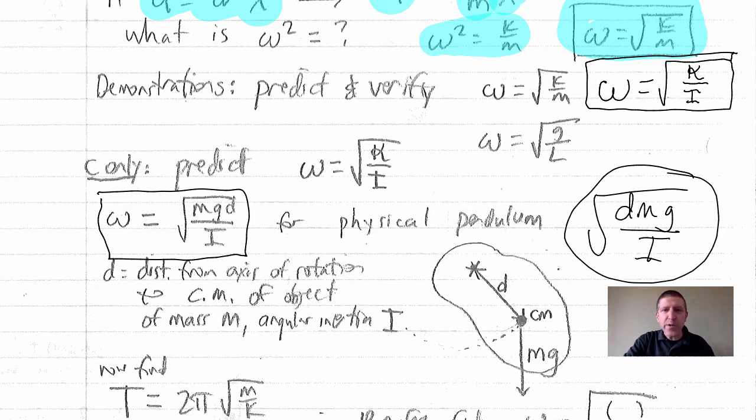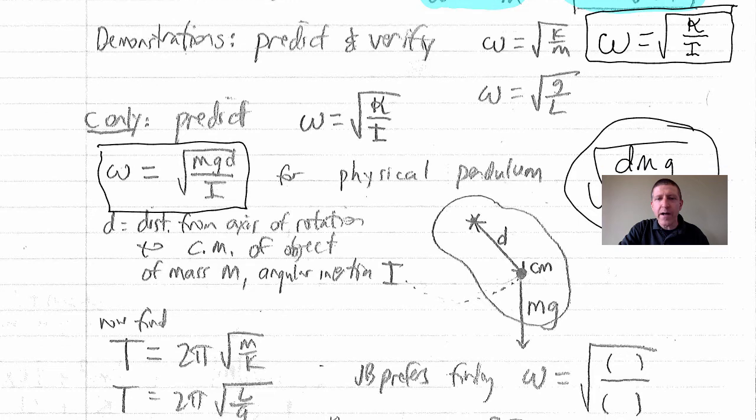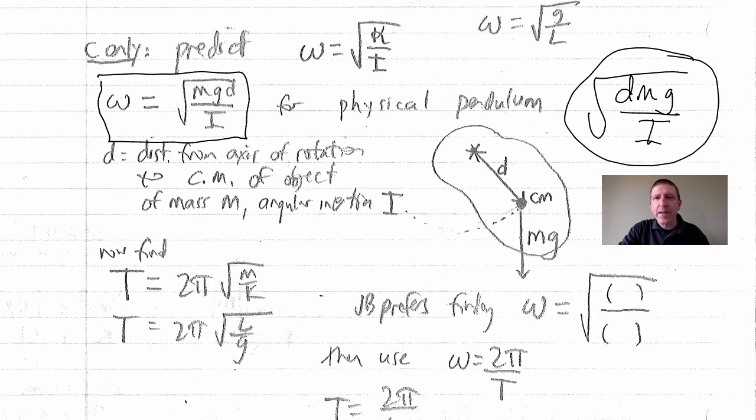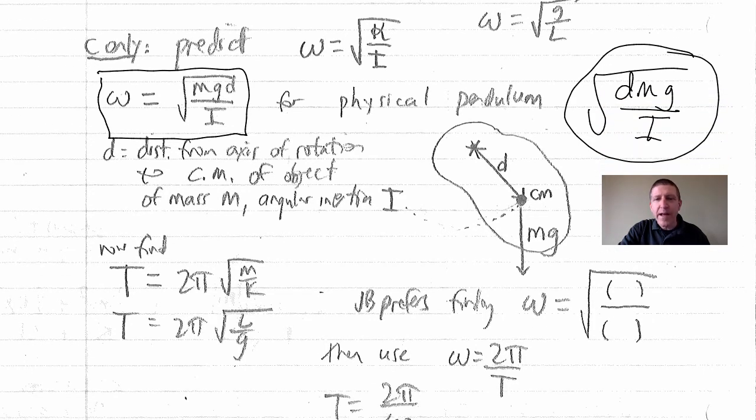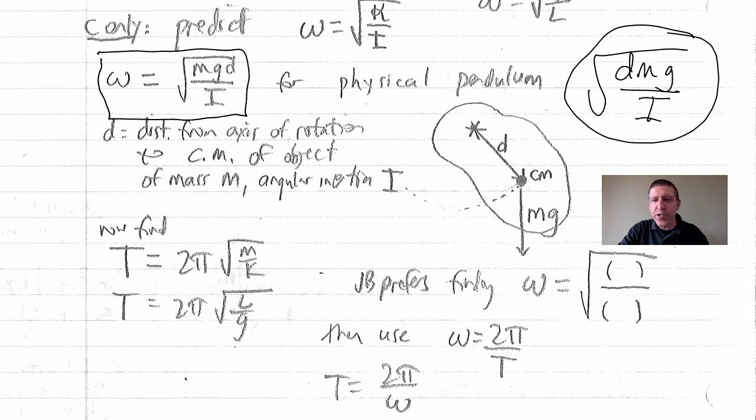Now that you have omega, you can find the period, and these are often given to you, but you have to derive it as well. So notice that you can find the period just using omega is equal to 2 pi over T. The reason I prefer to just memorize omega is because it's always the square root of something over something 100% of the time. And then you don't have to remember that 2 pi constant.